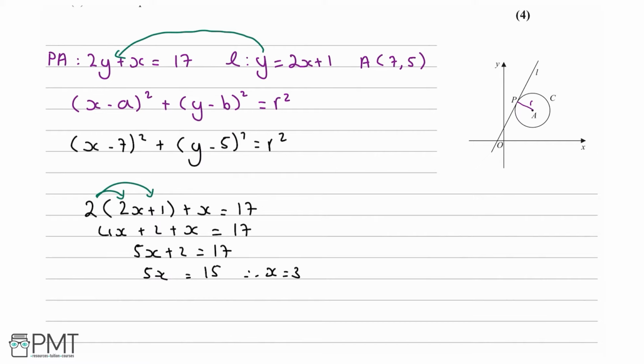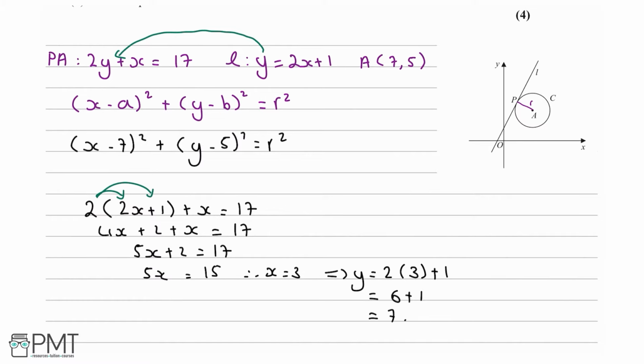So to find our y coordinate, we can just put x equals 3 into either one of our PA or L and get the y value. I'm going to put it into L because it's already in the form of y equals something, so we have less to rearrange. So this implies that y equals 2 times 3 plus 1, which equals 6 plus 1, which equals 7.